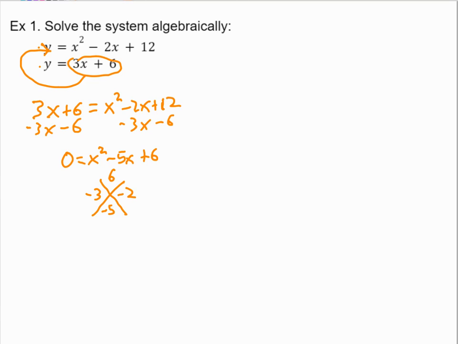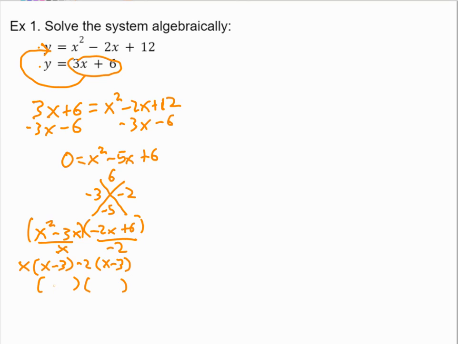So if I go to factor this, I've got x squared minus 3x minus 2x plus 6. Use grouping here. The GCF of the first two is x. The GCF of the last two is negative 2. Factor that out, and I get x times x minus 3 and negative 2 times x minus 3.